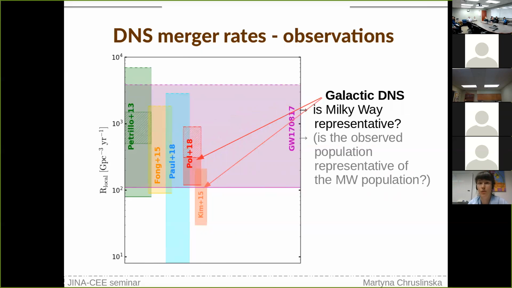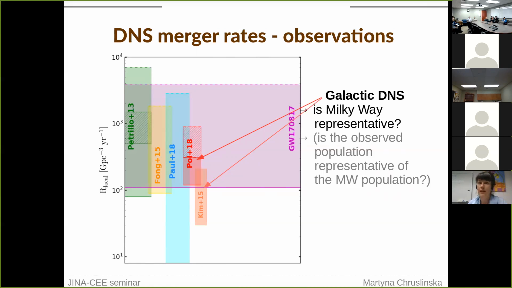Then the two reddish bins come from estimates based on galactic systems. And the main reason for the difference between the two estimates that you can see is the number of systems that was included in the analysis. So the more recent one included more systems, but the sample that we have currently observed is still quite small.